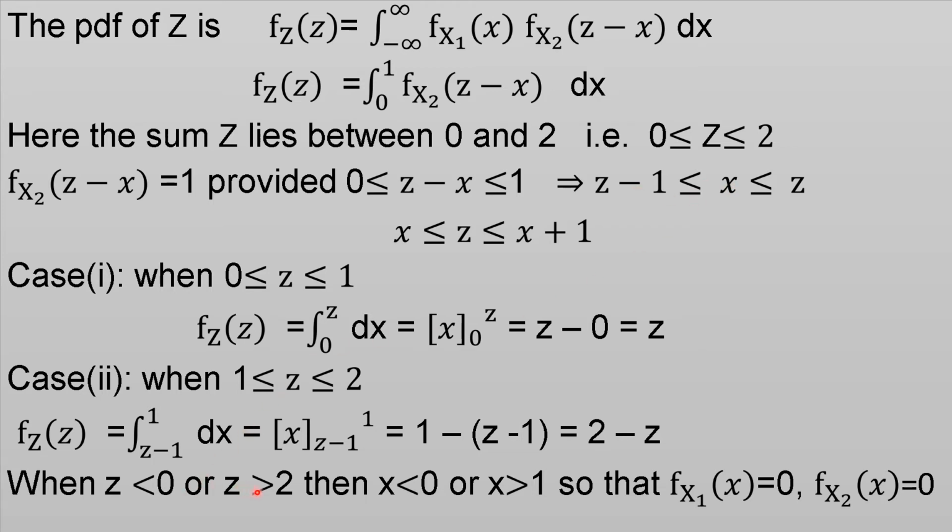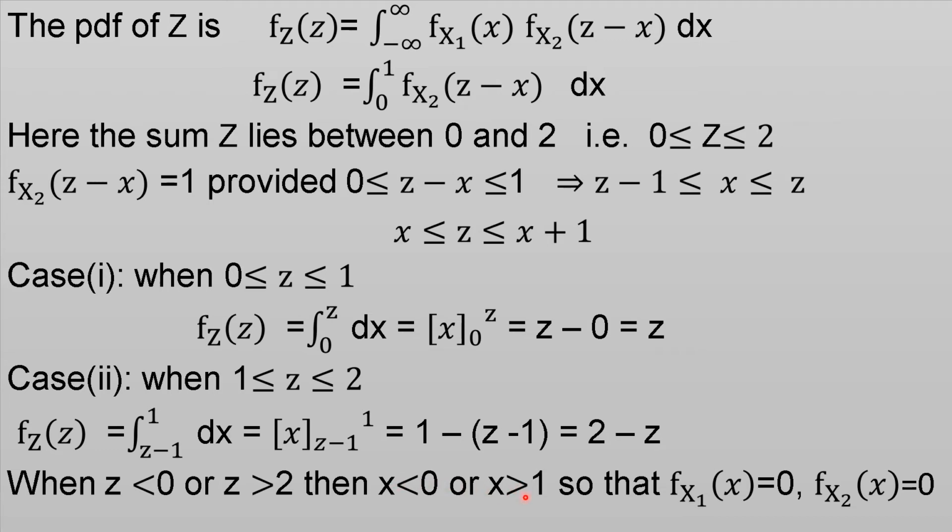So when z is less than 0 or z is greater than 2, x will be less than 0 or x will be greater than 1. But since both x1 and x2 are uniformly distributed between 0 and 1, for x between 0 and 1, fx1 of x or fx2 of x will be equal to 1 and 0 for all remaining x values. So x less than 0 won't come between 0 and 1, and x greater than 1 also will not be between 0 and 1.